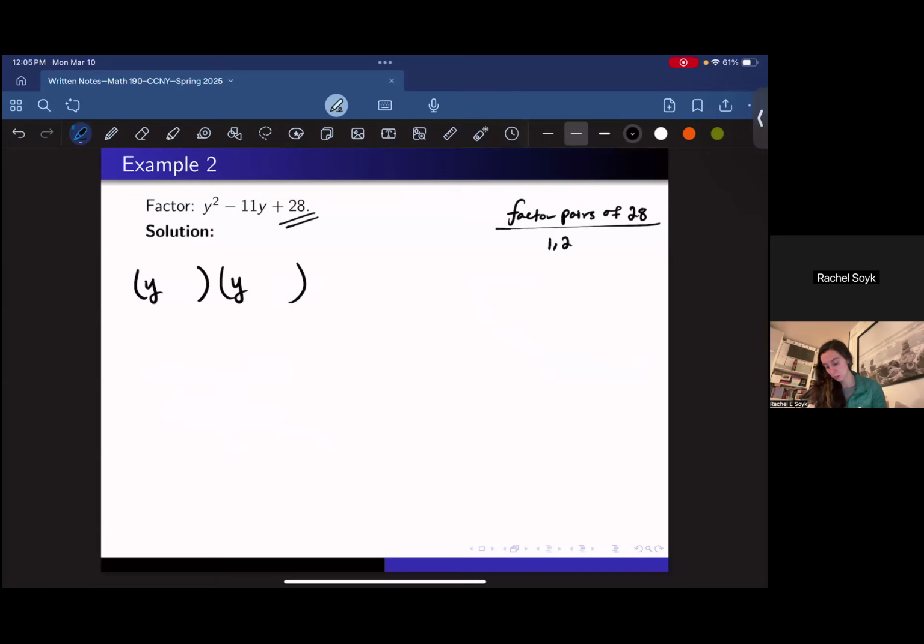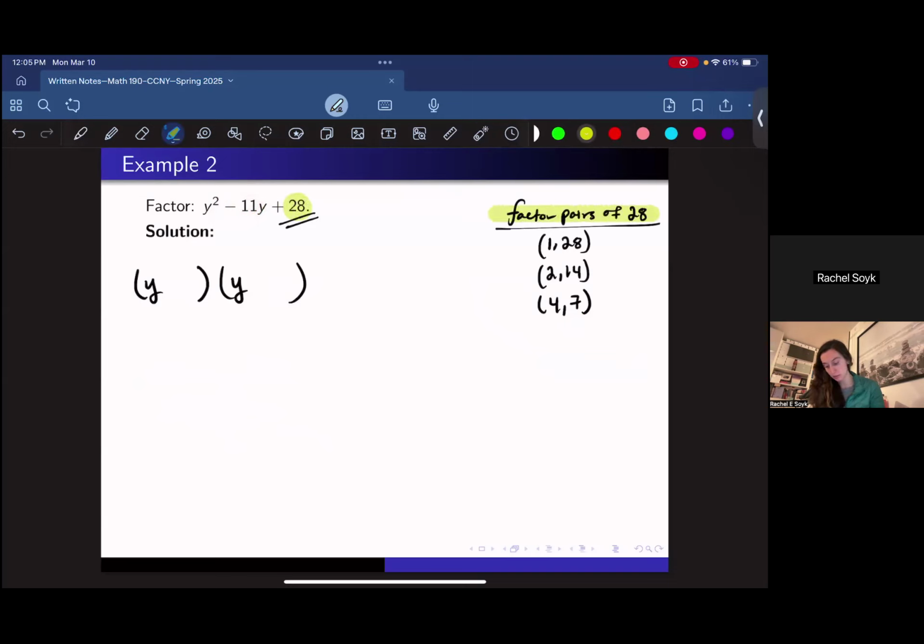We have 1 and 28. 2 goes into 28 14 times. 3 doesn't. 4 goes into 28 7 times. 5 doesn't. 6 doesn't. And 7 we just did. So we're done. Of these 3, which one, there's only going to be one factor pair that adds up to that B value?